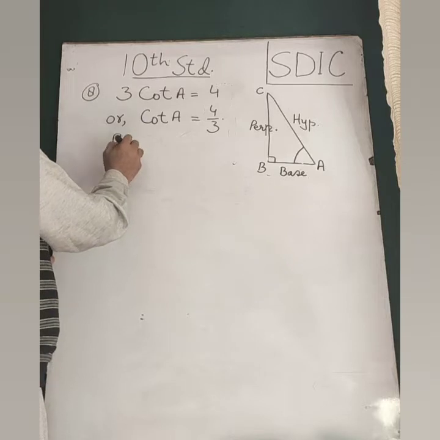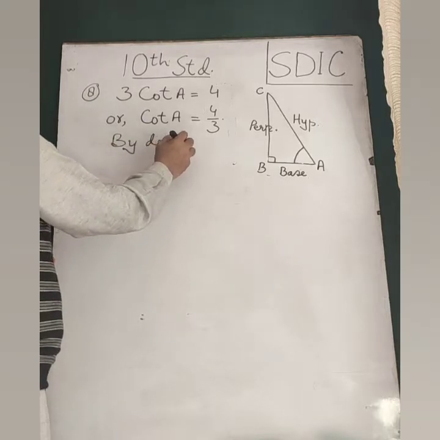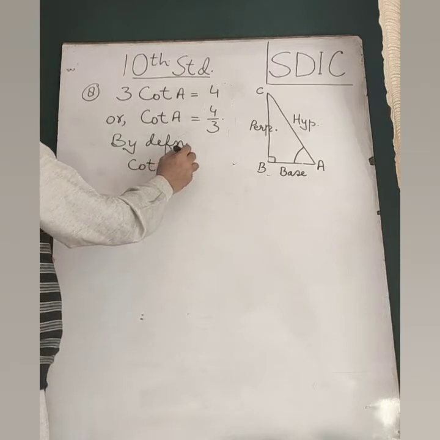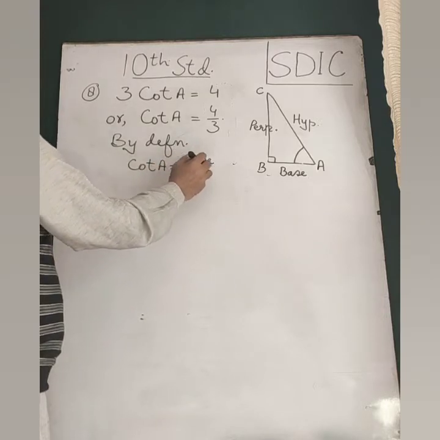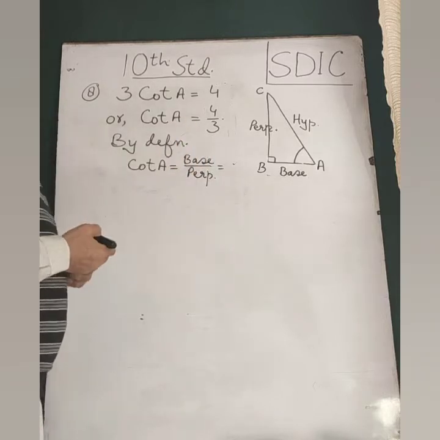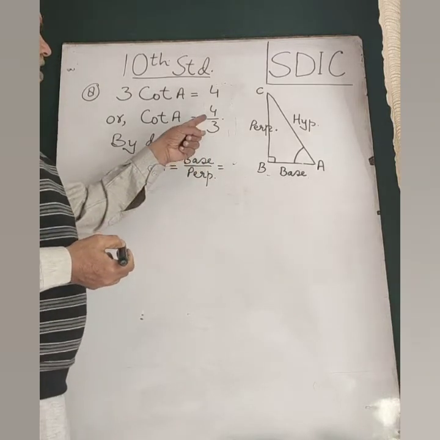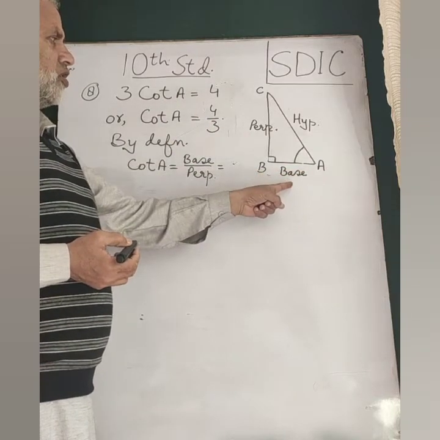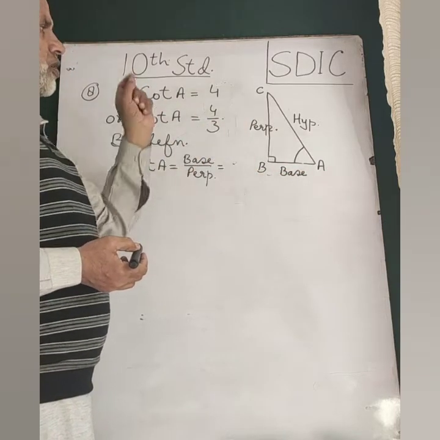So write by definition, cot A is base by perpendicular. We have already identified base and perpendicular with respect to acute angle A. Base is AB, perpendicular is BC.